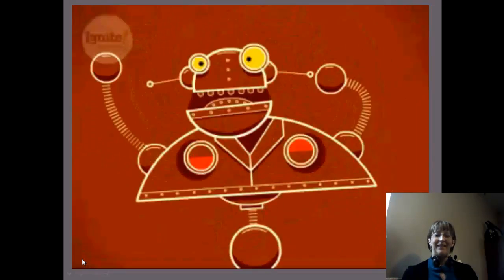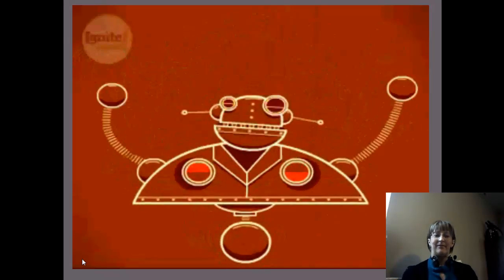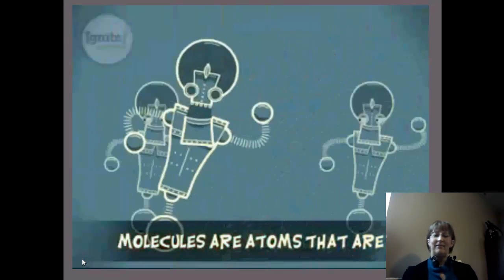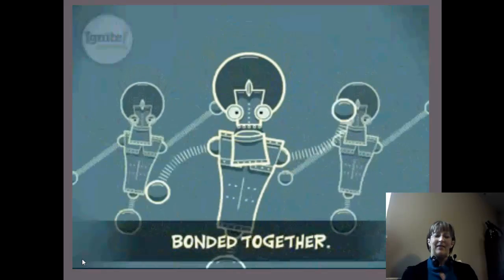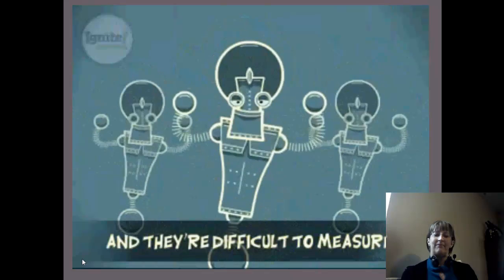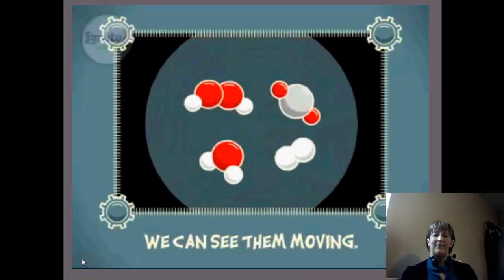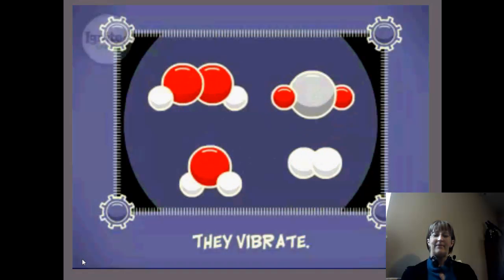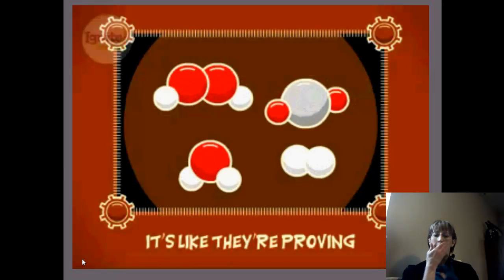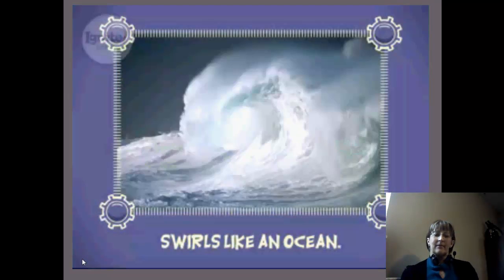You wanted them. Now you've got them. It's atomic energy with molecules in motion. Molecules are atoms that are bonded together. They're hard to see and they're difficult to measure. But if we look real close, we can see them moving. They vibrate, they rotate. It's like they're proving that nothing's at rest, that everything swirls like an ocean.